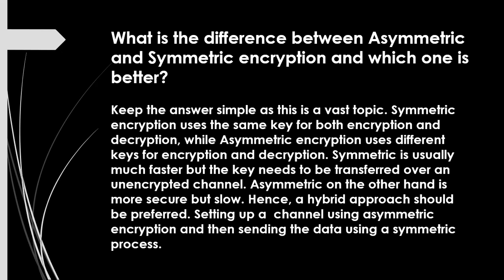Symmetric is usually much faster, but the key needs to be transferred over an encrypted channel. Asymmetric, on the other hand, is more secure but slow. Hence, a hybrid approach should be preferred: setting up a channel using asymmetric encryption and then sending the data using symmetric encryption.